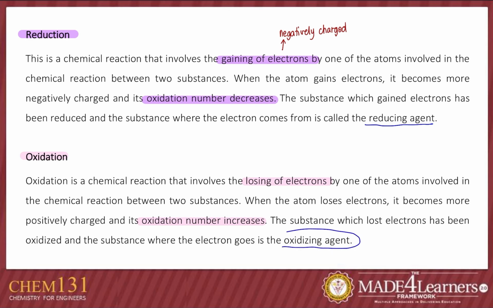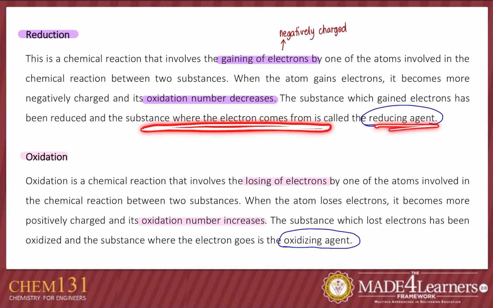Okay? Oxidizing agent, reducing agent. So, the substance where the electron comes from. Where does the electron come from? From the reducing agent. Who is this reducing agent? It is the one that lost an electron. And if an electron is removed from a substance, meaning it has undergone oxidation.